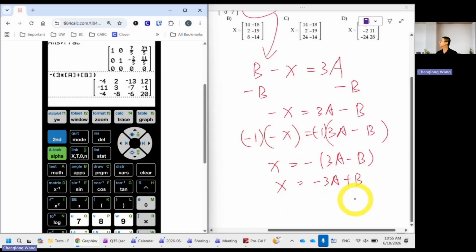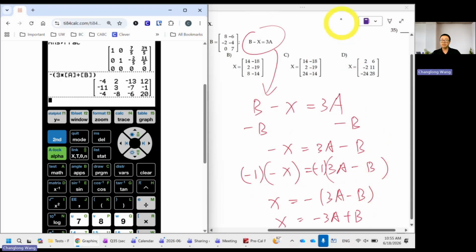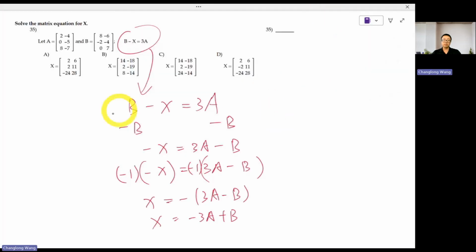Now, in the final, is it worth it to type out the matrix and do that? Then you're guaranteed to get it right, or you feel like, you know what, I trust myself a little bit more, so do the math by hand.